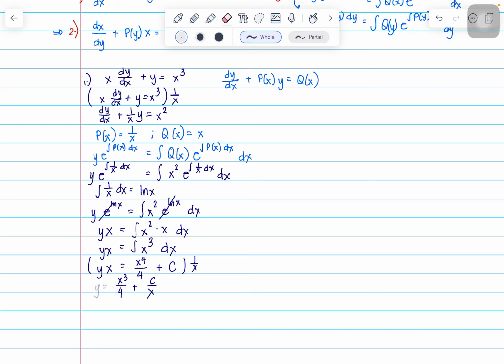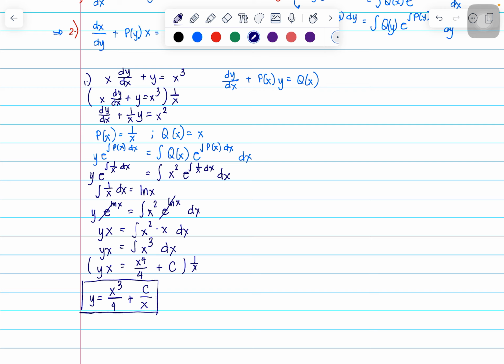Basically, that's y is equal to x cubed over 4 plus c over x. This is then your solution to the DE.